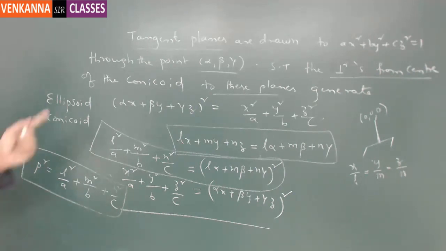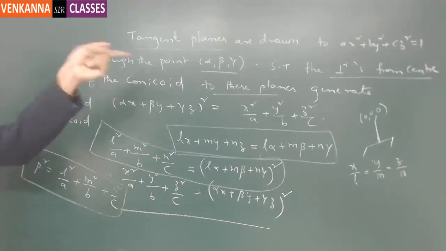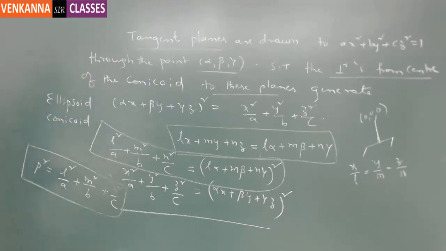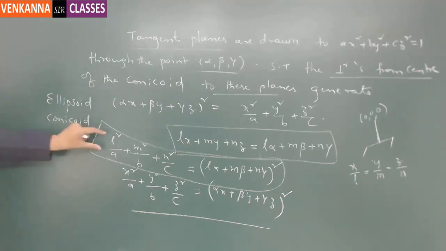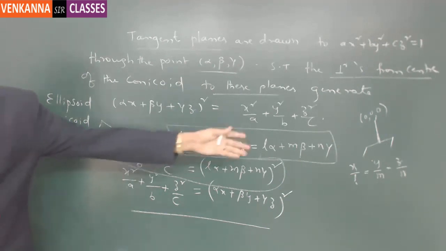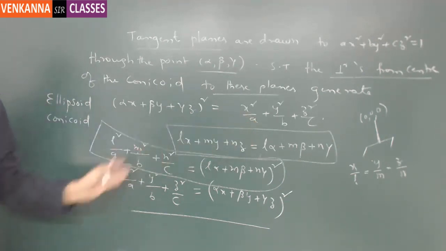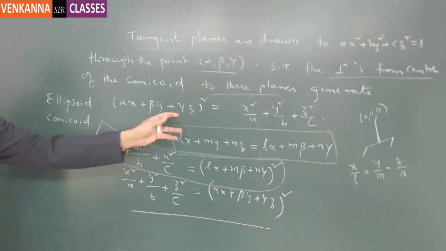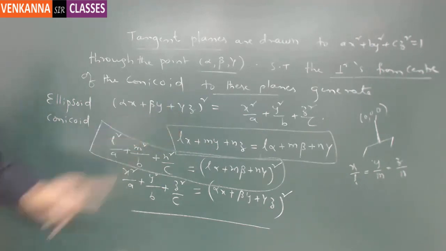So earlier I have taken the condition of ellipsoid apart from conicoid. So last step, in this condition of tangency, if you substitute x, y, z in place of element, we will get the answer. That's it. Only 3 steps.